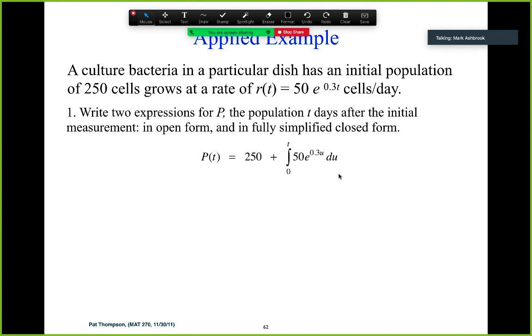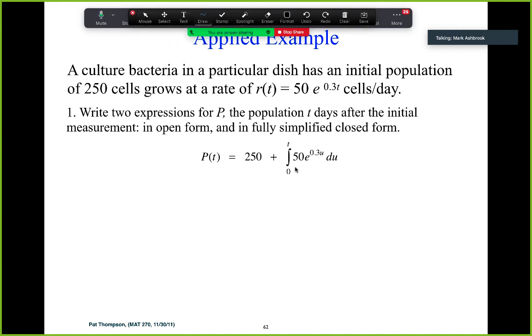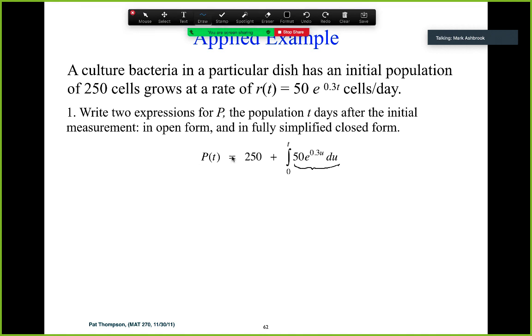Okay, so watch out, we're not accumulating the rate. We never have accumulated the rate of change. What is it we accumulate? We accumulate small variations in the quantity. This is a small variation in population. That's what we're accumulating. So it's easy to slip into the language of I'm accumulating the rate. You're not accumulating the rate.